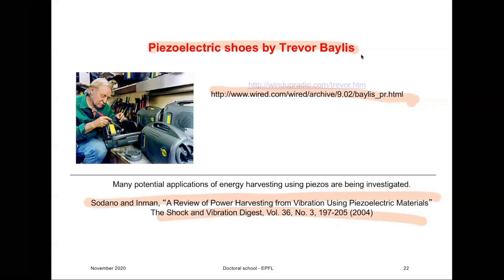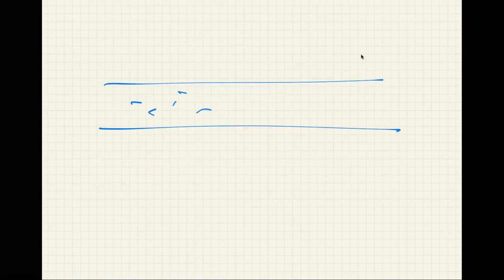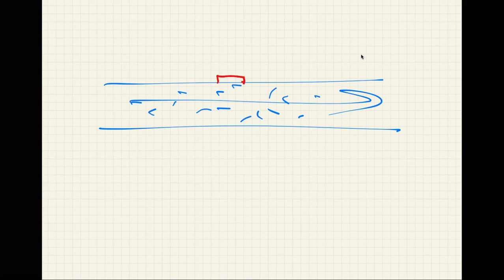So the piezoelectric, if you have one typical application that people are dreaming of, would be to have a pipe in which you have a vapor, for example, in a power plant, and this pipe is vibrating because there is a lot of thermal energy there, and you need to check periodically whether there are any cracks in that pipe.